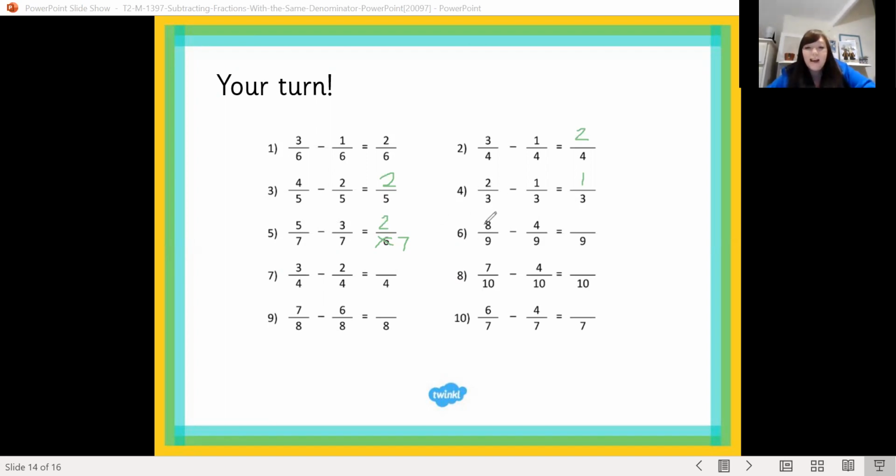Number 6, 8 take away 4 is 4, so we're left with 4/9. 3 take away 2 is 1, so we are left with 1/4. 7 take away 4 is 3, so we're left with 3/10. 7 take away 6 is 1, so we're left with 1/8. And 6 take away 4 is 2, so we are left with 2/7. Just pause the video and check your answers now.